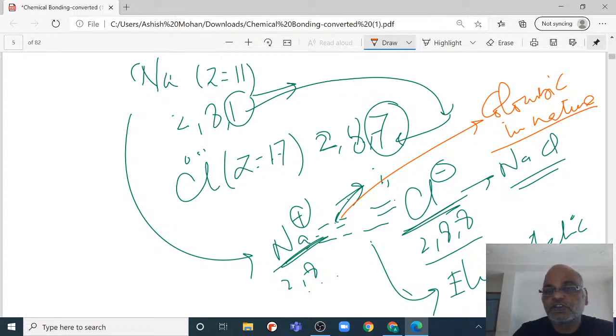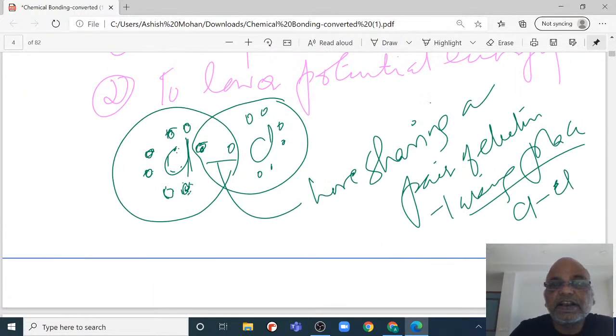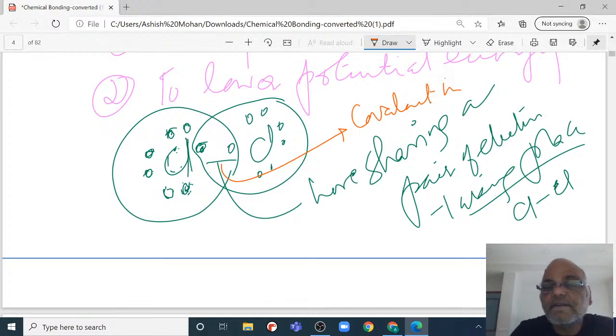The kind of bond formed here is an ionic bond and electrostatic in nature. The kind of forces binding the two species together are Coulombic. So a Coulombic bond is formed here. If I go to the previous one, there is sharing of electrons. The kind of bond formed there is covalent in nature.